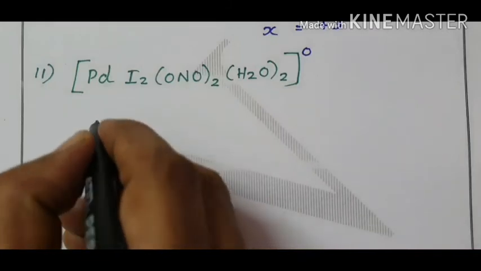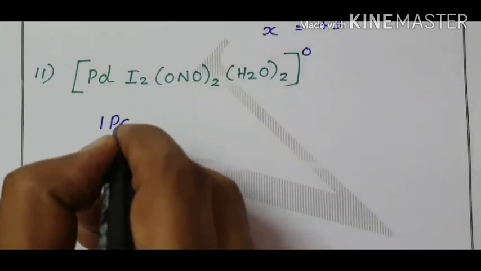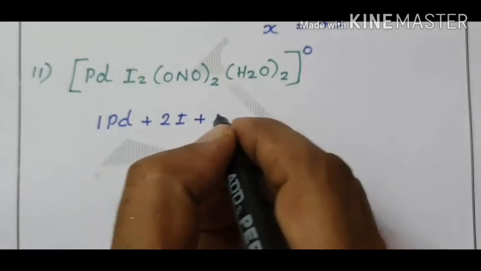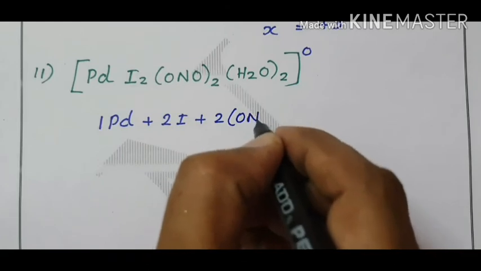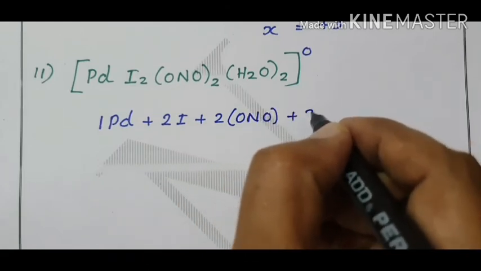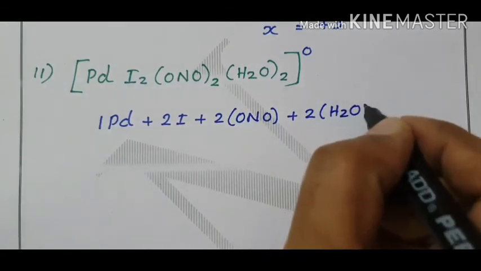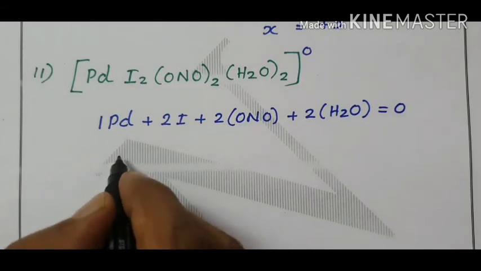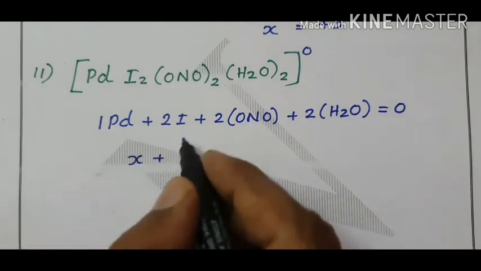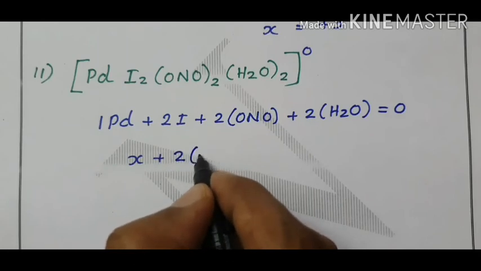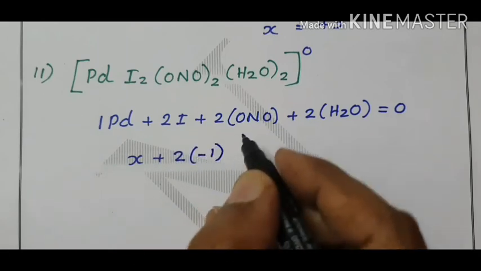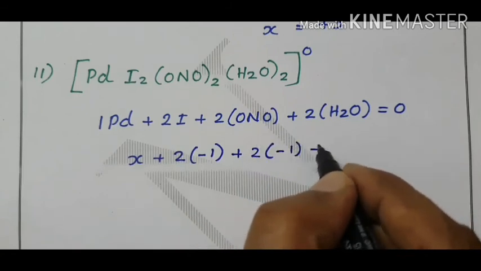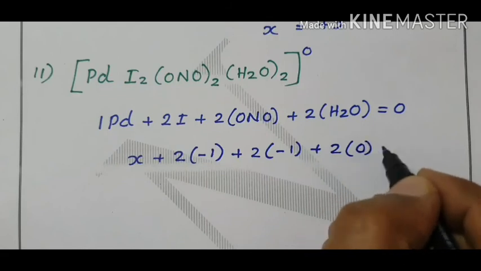Now separate: 1 palladium plus 2 iodine plus 2 ONO plus 2 H2O equal to 0. Palladium we have to determine: X plus 2 into iodine, negative ligand minus 1, plus 2 into nitrito minus 1, plus 2 into aqua neutral ligand equal to 0.